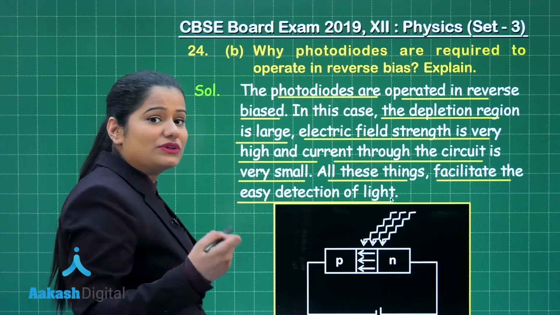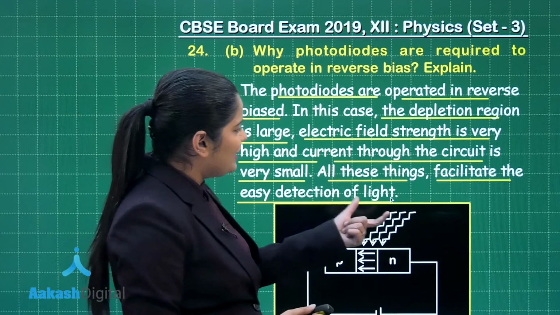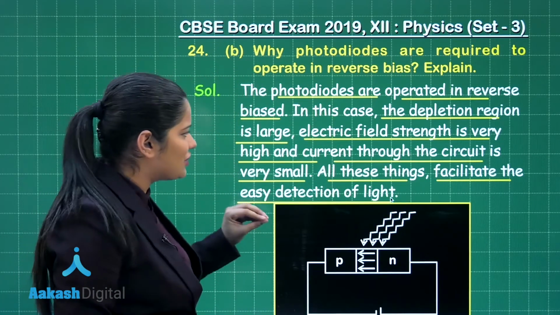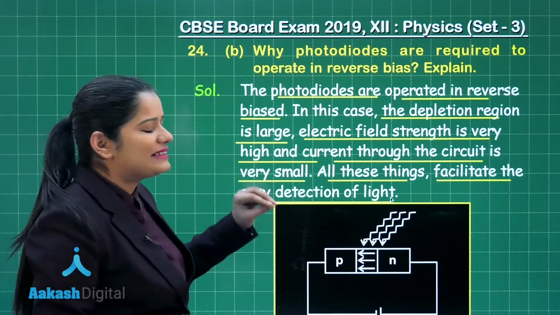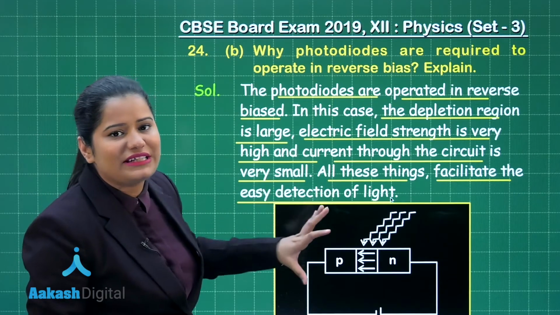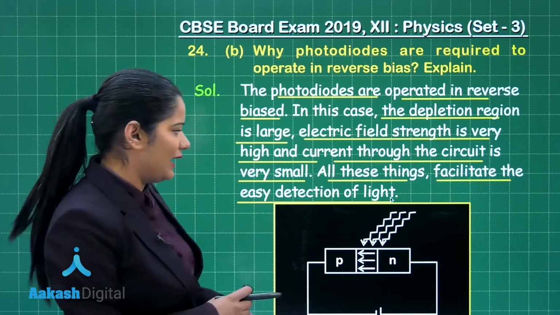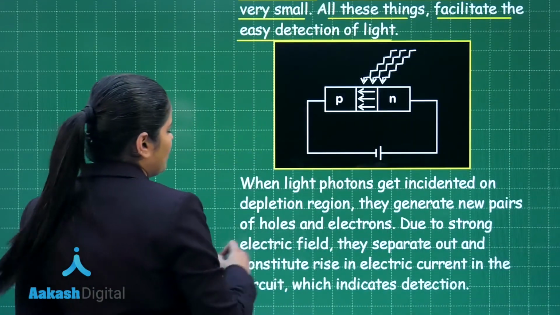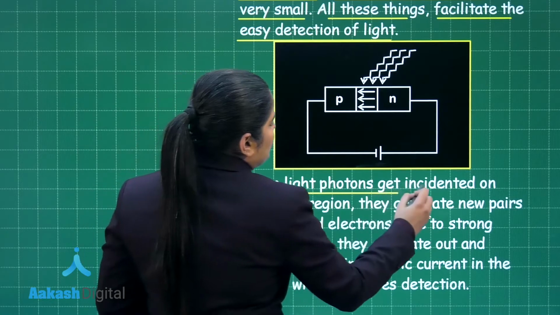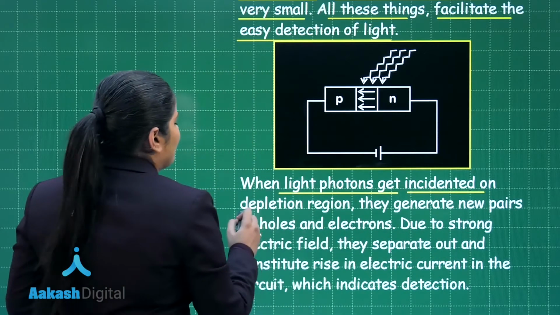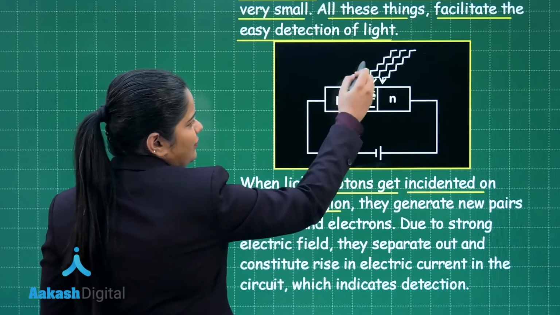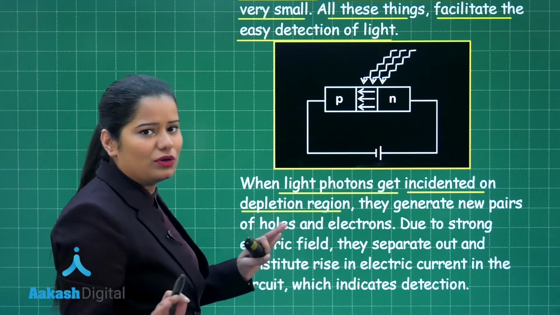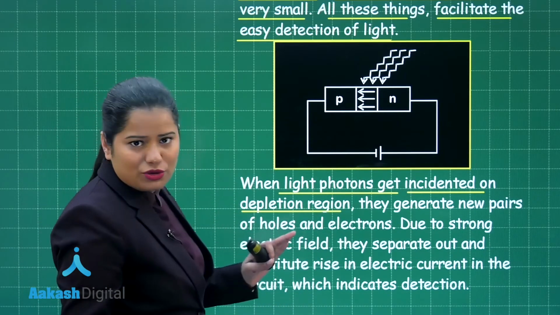Further, all these things facilitate the easy detection of light. Now, why are we using the reverse biasing? You need to mention this line, that all these conditions actually facilitate the easy detection of light. Now, how does it work? You need to mention that also. When the light photons get incident on the depletion region, you can even draw this diagram, and even if you do not draw this diagram, your marks are not going to be deducted.